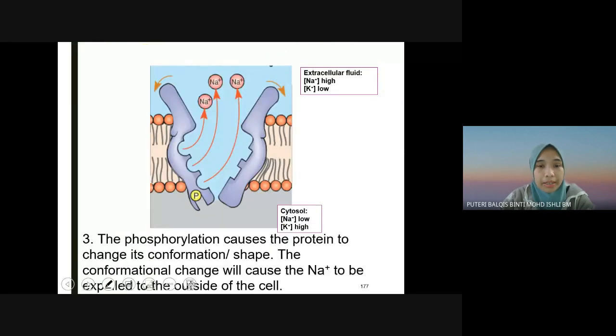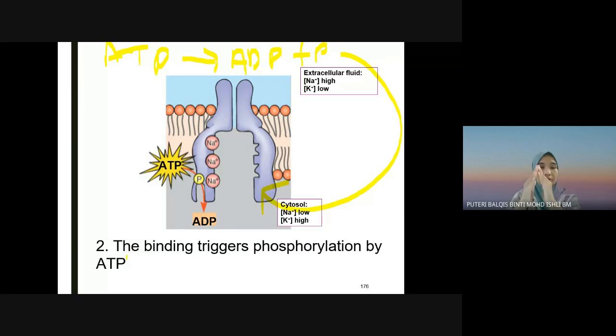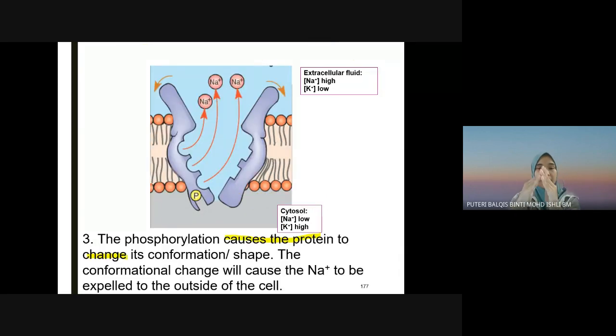Alright, so once phosphorylation occurs, it will cause the protein to change its conformation. So from this state, after phosphorylation, it will become this state. Okay, daripada macam ni dia akan open.